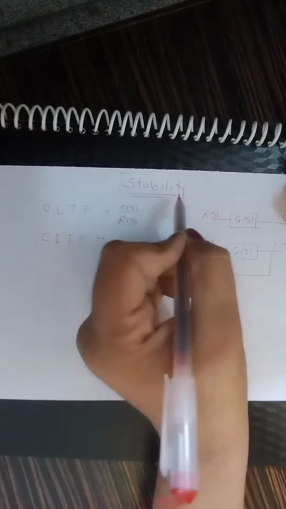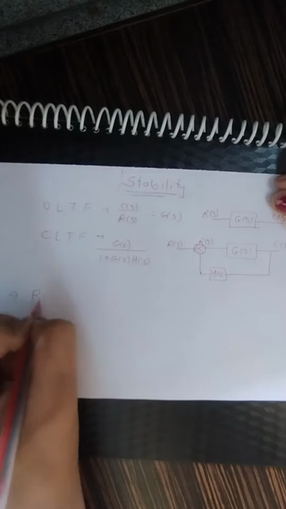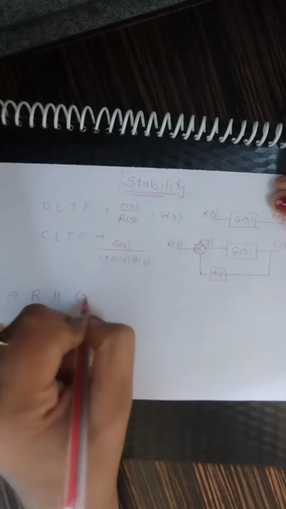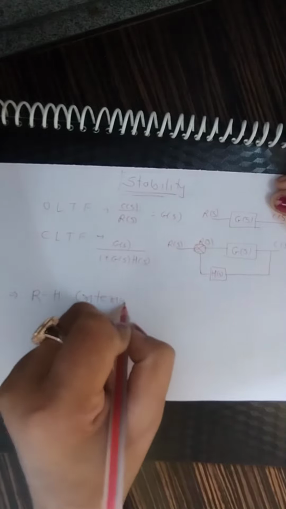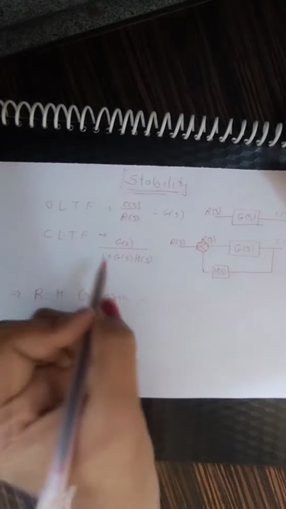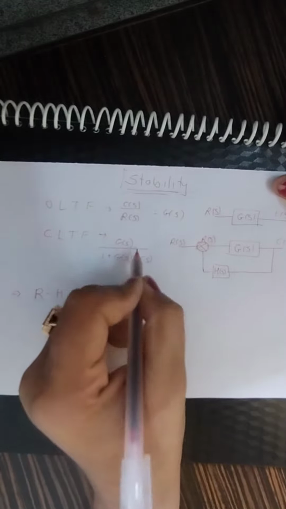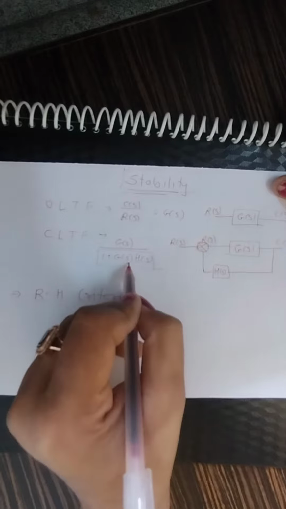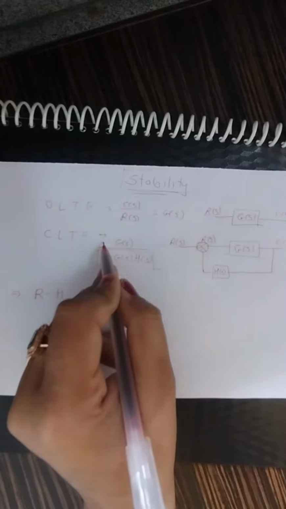So first, how will we find stability? There are so many methods. So we are taking the RH criteria. What is the RH criteria, that we will see. If we want to find stability, we make the denominator of the closed loop transfer function equal to 0.